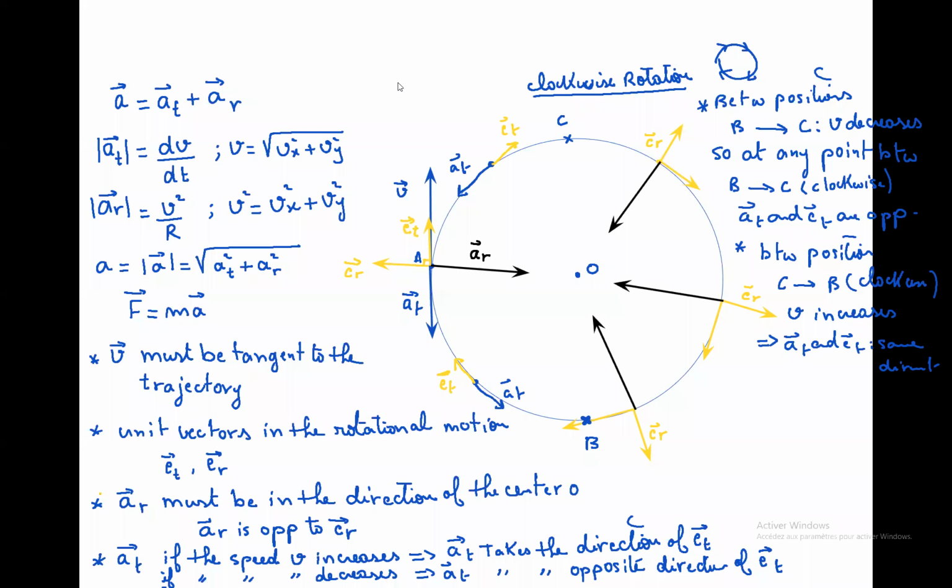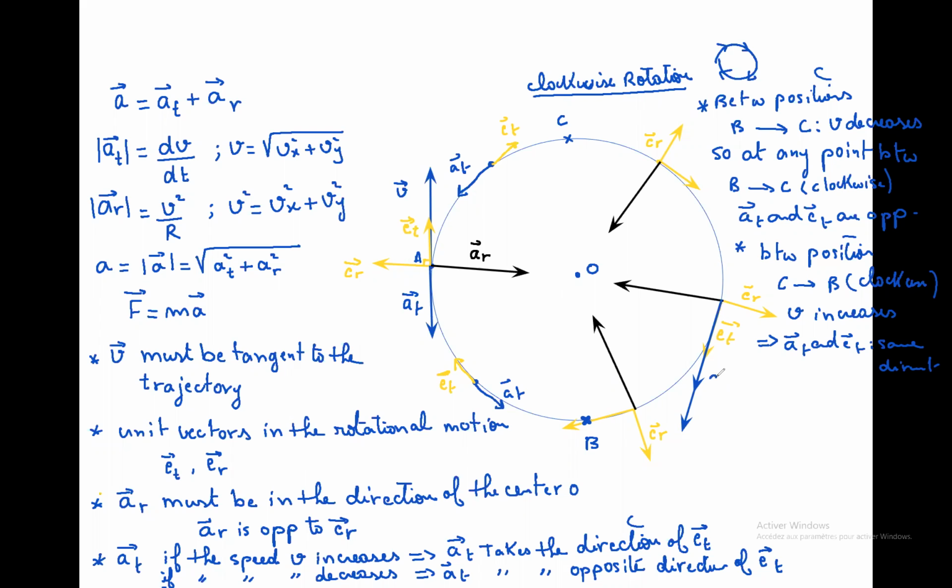Let's draw at any point, as you see here, let's say this point. Here we have ET. So AT must have the same direction, and you know the speed also has the same direction.